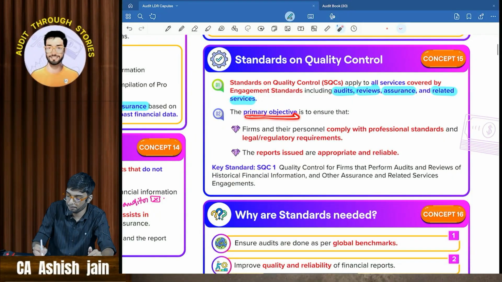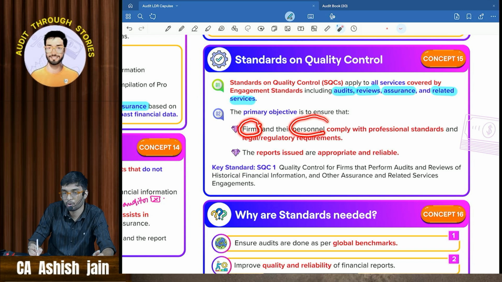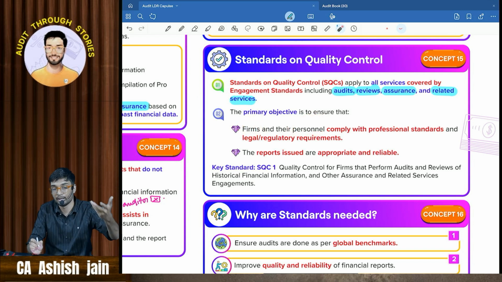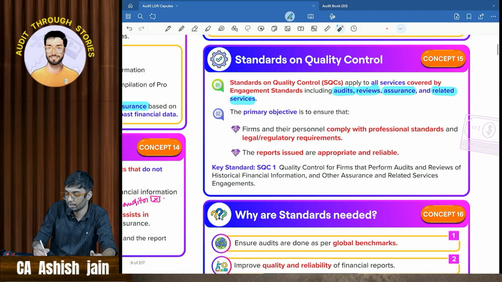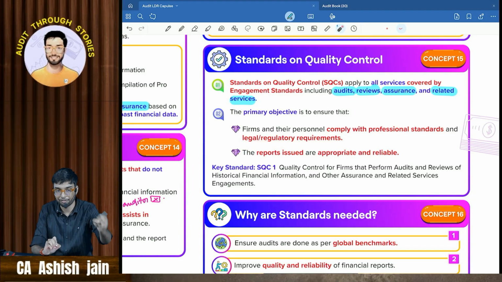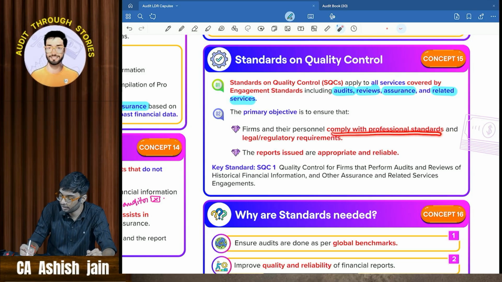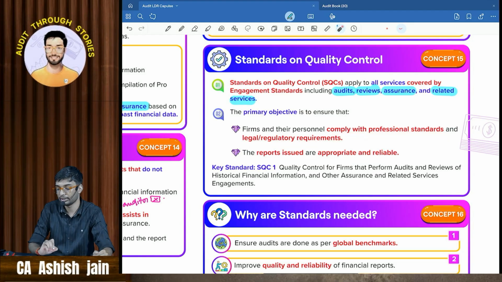What is the primary objective of SQC1? The primary objective is that the firm and its personnel, whoever the employees are inside the firm, everyone associated with that particular firm, have to comply with the professional standards and the legal and regulatory requirements. What are professional standards? They are all the Ind AS, AS, and standards on auditing.